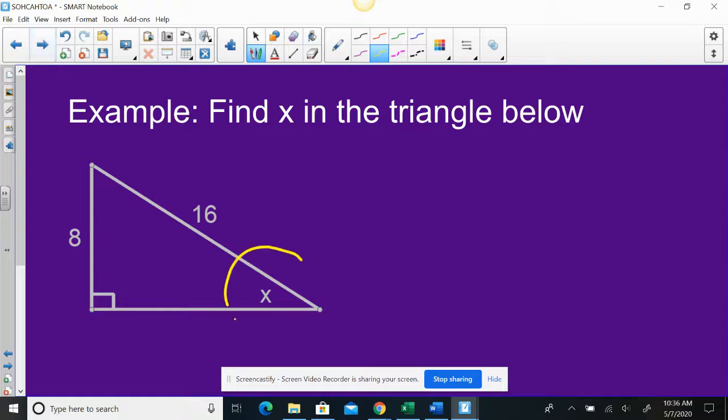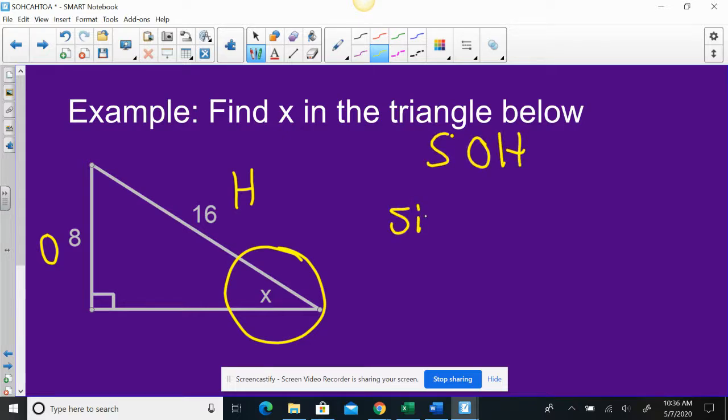All right, and now let's try it. So for this one, I have an opposite and I have a hypotenuse. So OH means I'm going to use sine. So sine of, I'm not sure, that's what I'm going to solve for. Sine of the angle equals opposite over hypotenuse.